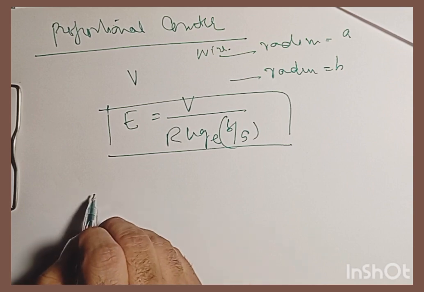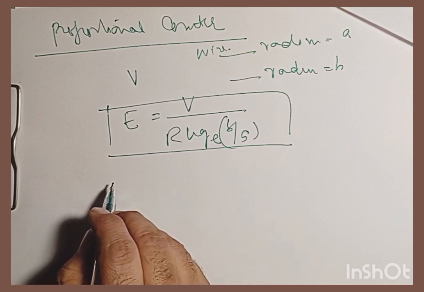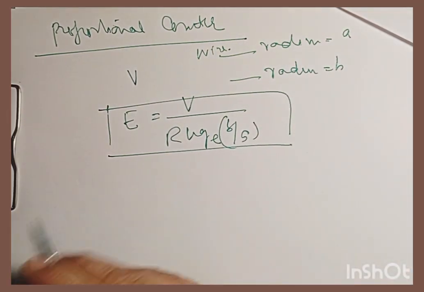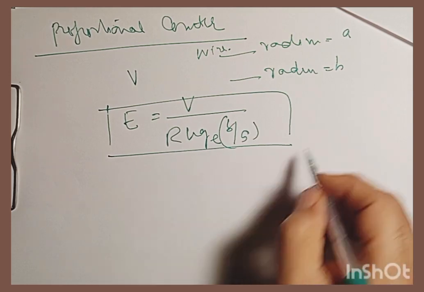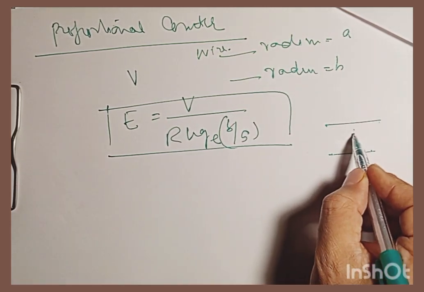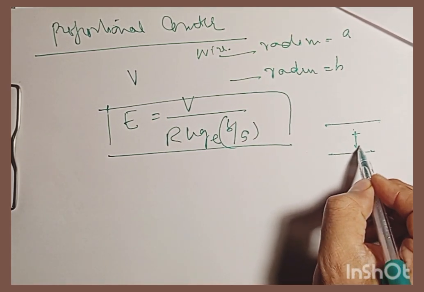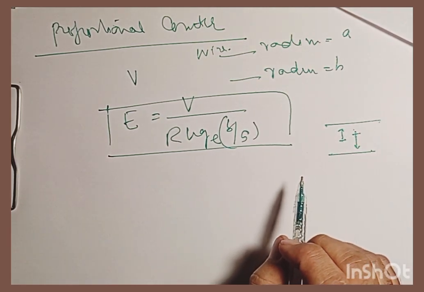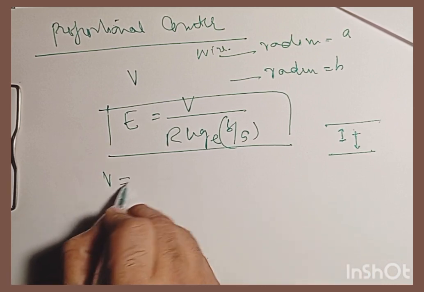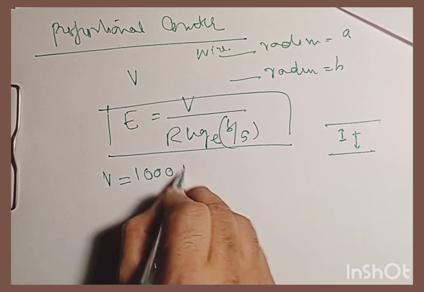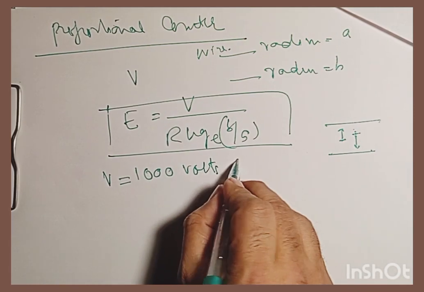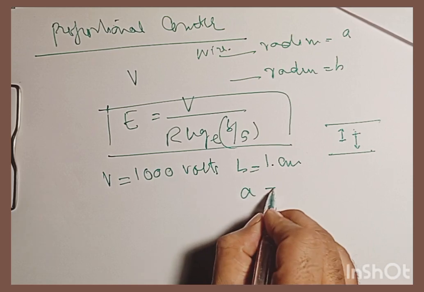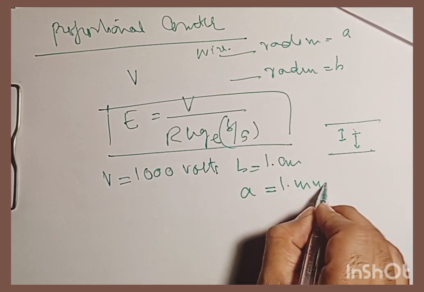Now, if a charged particle is incident on such a detector, it produces an ion pair along its trajectory. The positive ion goes towards the cathode and the negative towards the wire. Say the voltage is 1000 volts, B is nearly 1 centimeter, and A is nearly 1 millimeter.